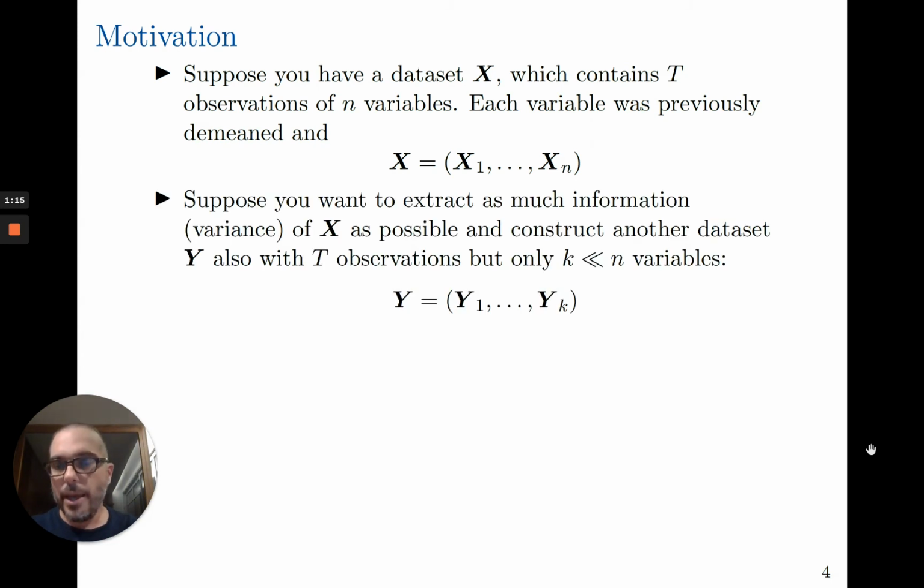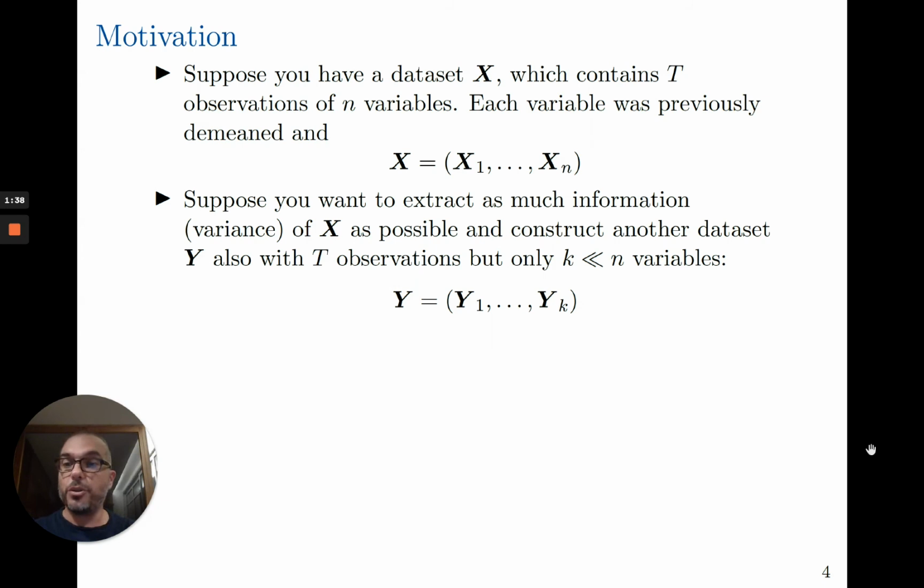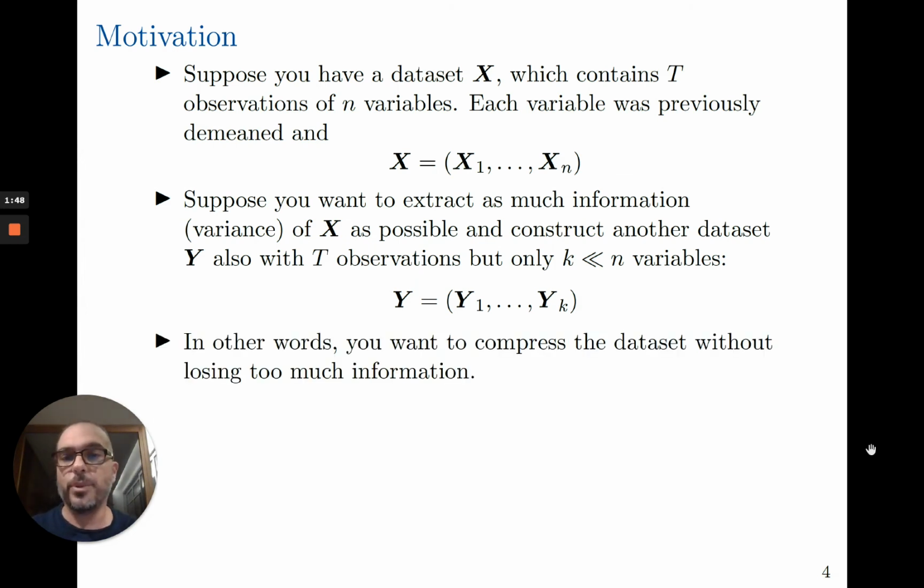Suppose we want to extract as much information from X as possible and construct another data set called Y with the same T observations, but with only K columns, and this number K is much less than n. So we are reducing dimensionality, right? And we define Y to be Y1 up to YK.